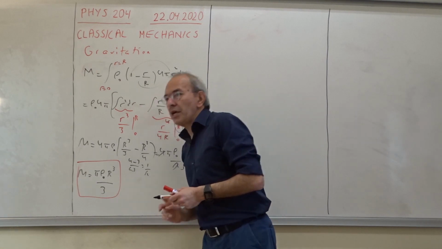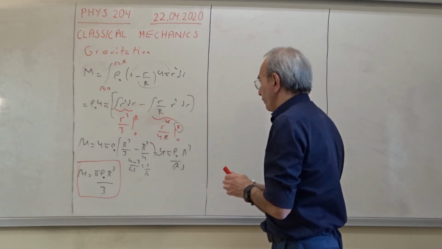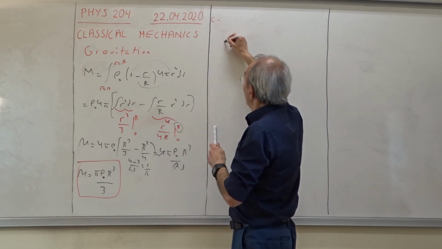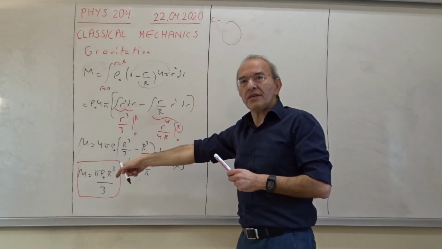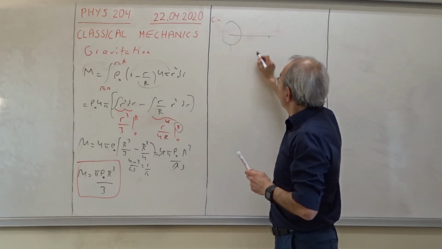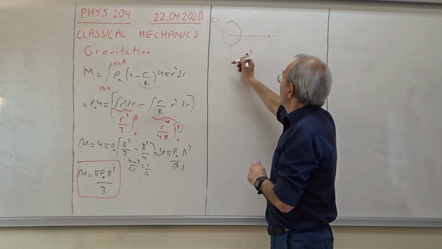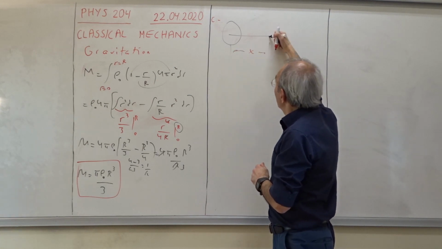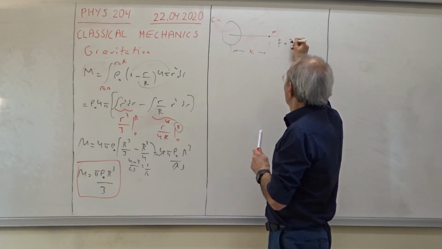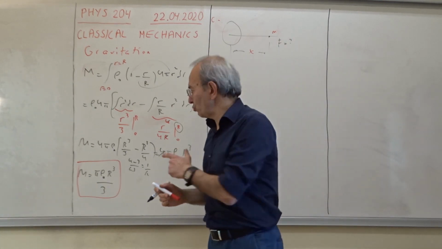Now part C, we will find the force. Part C is the following. This is the object, the spherical object whose mass we calculated. At a distance x from the center, here we have another object which has mass m, and we will find the force acting on the little object due to this mass.